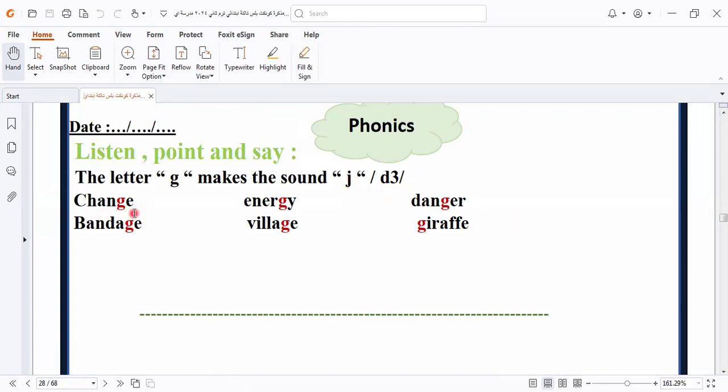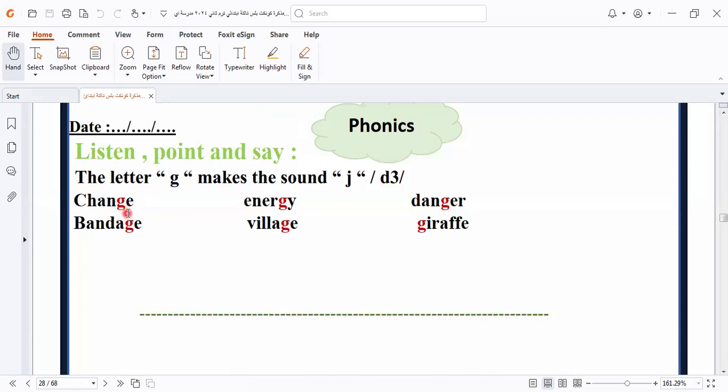We have change, bandage, change, energy, danger, village, giraffe. I will repeat the pronunciation, and you repeat after me.